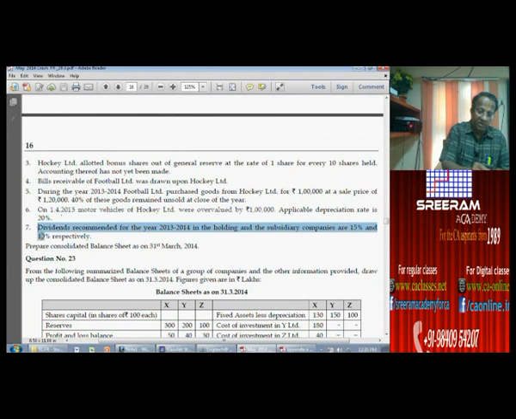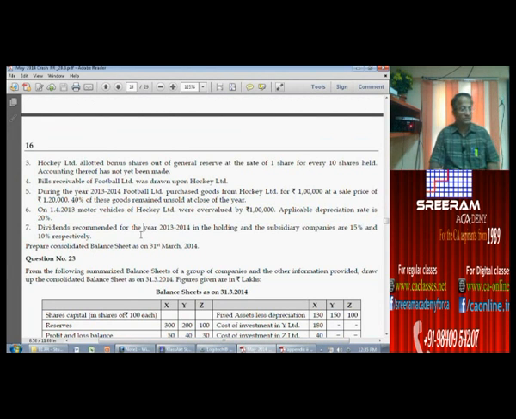Remember, dividends in holding and subsidiary are 15% and 10%: 15% for parent and 10% for subsidiary for the year 13-14. Are you understanding?